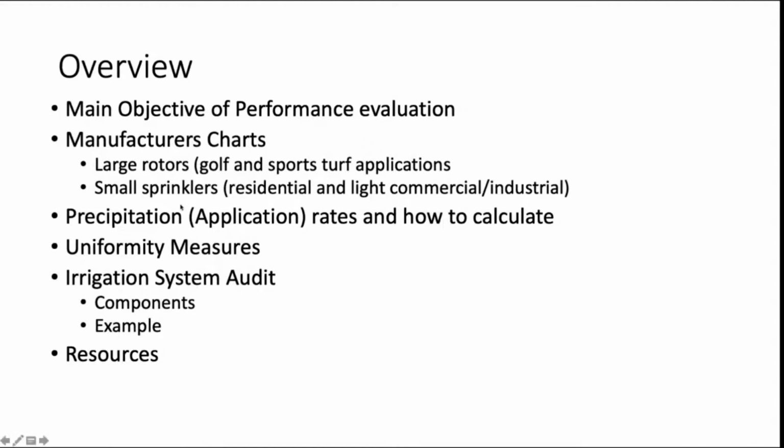That's the rate at which the system applies water, usually in length per time or millimeters per hour. Then about uniformity measures, how do we calculate them, what they mean, what kind of ranges we're looking for, and then we'll end up with going through how you perform an audit, give you an example, and then end up with a couple of resources that may be of interest to you.